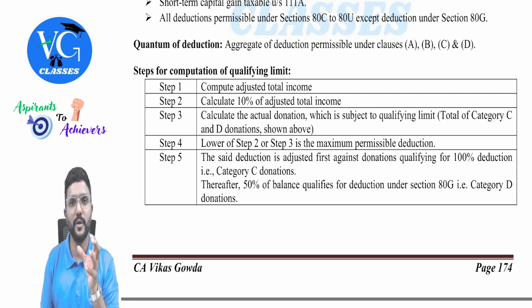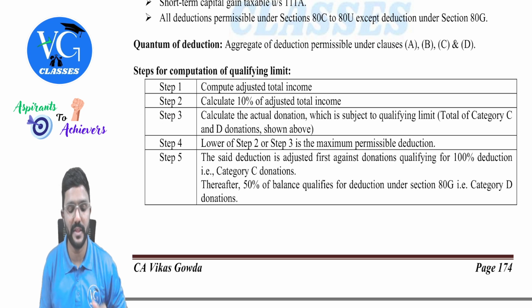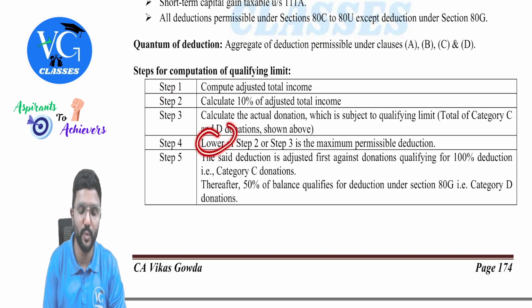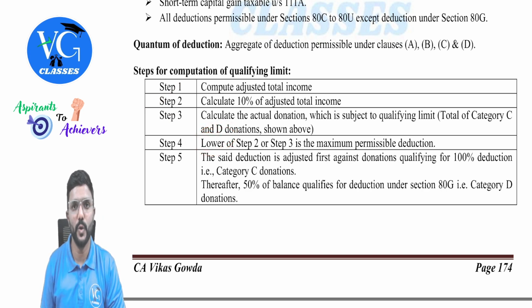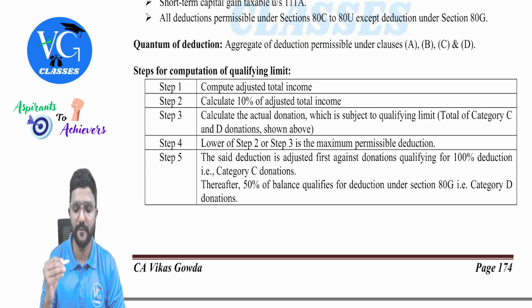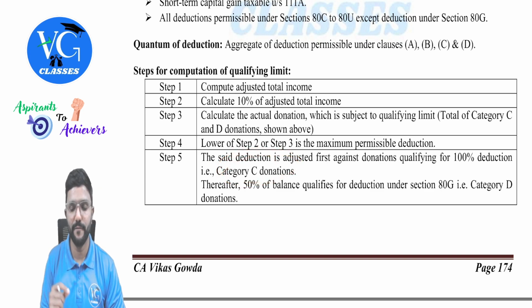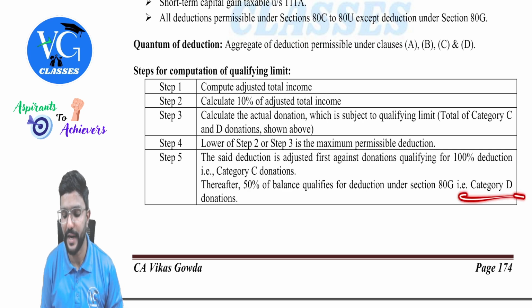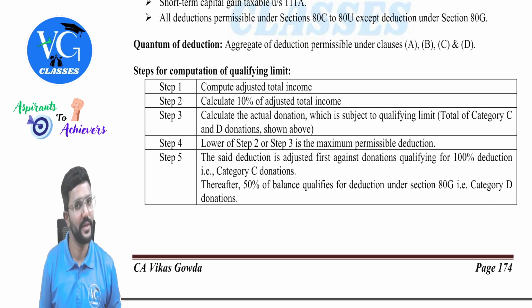That is the total amount of donations made for category C and category D. Compare that with 10% of adjusted total income and take whichever is lower. And whatever amount you get, allocate 100% of that first for C category. And remaining amount, 50% of that you need to allocate it for D category.